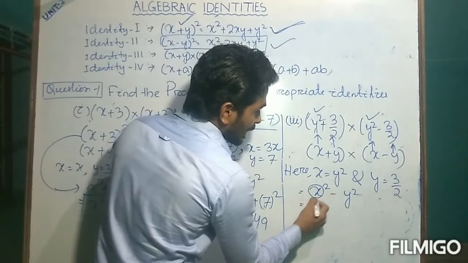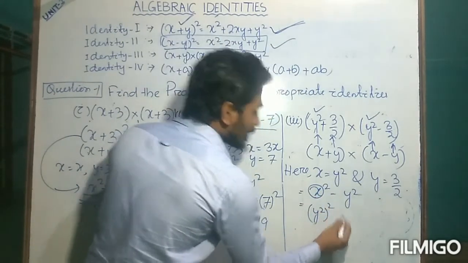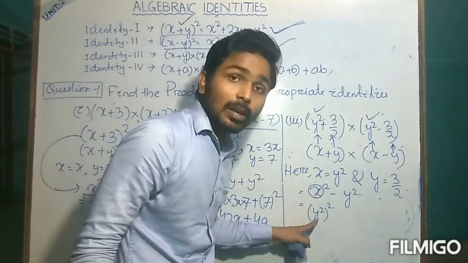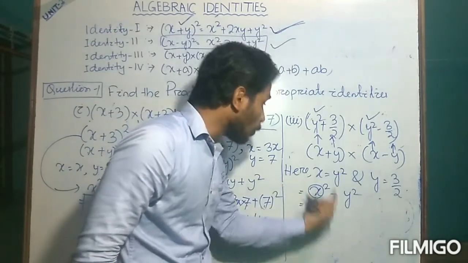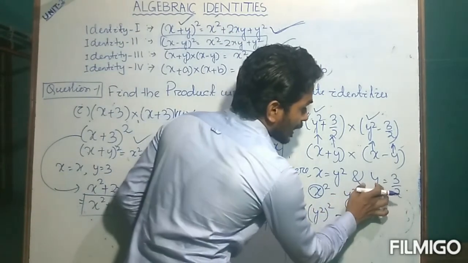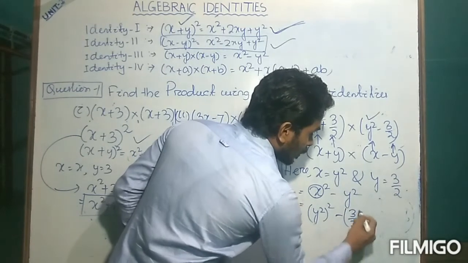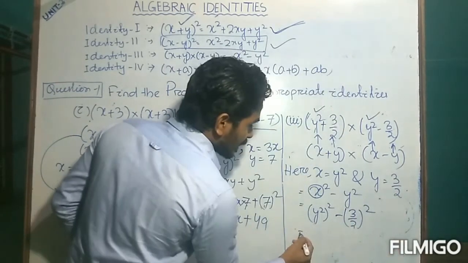So in the place of x, just put y square. Then again square is present because in the place of x we have to put only y square. Then (y square) square minus, in the place of y you have to put (3 by 2) whole square. Okay.